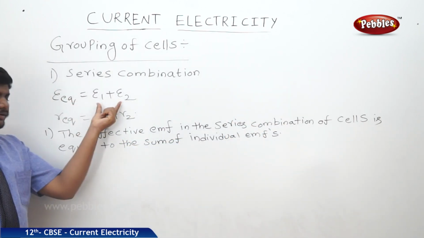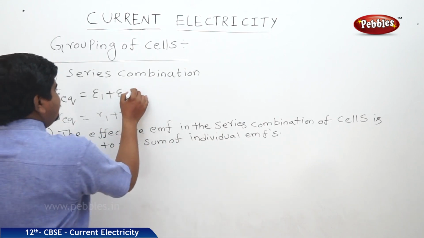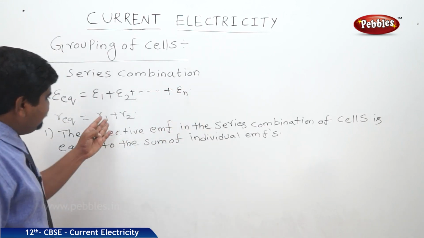So E equivalent is equal to the sum of individual EMFs, E1 plus E2. If it is for n cells, we can write up to En.